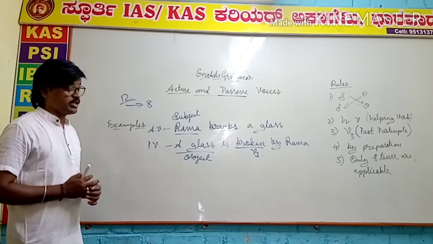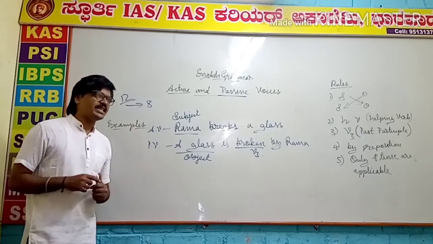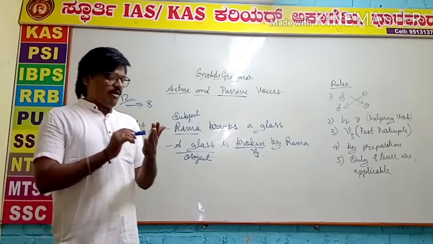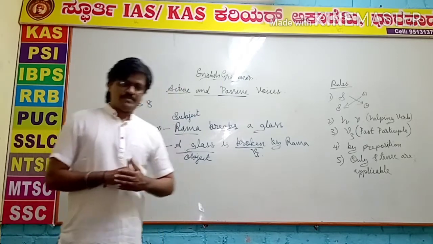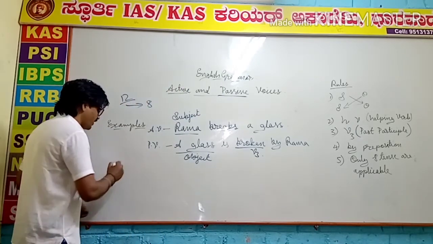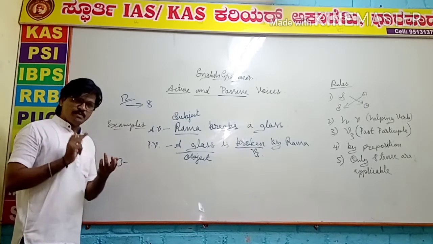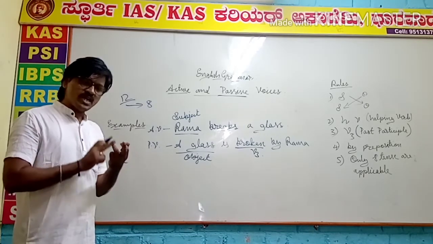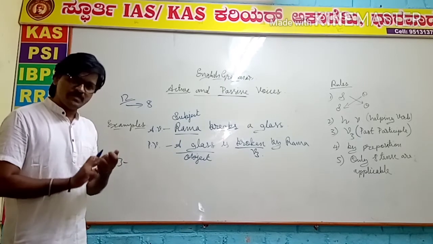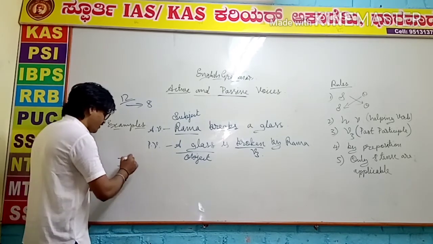To remember which ones, I will tell you one trick. All perfect continuous tenses: how many are there? Three. For example, present perfect continuous tense, past perfect continuous tense, and future perfect continuous tense. These are not applicable.